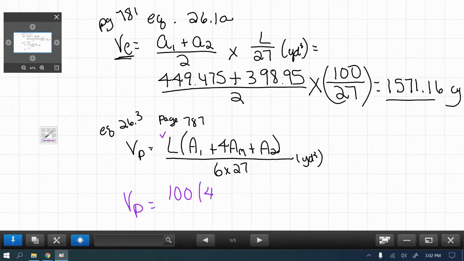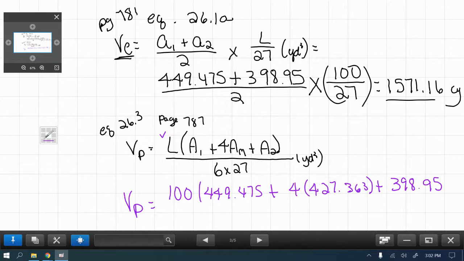Area 1, plus 4 times area in the middle, plus area 2, all over 6 times 27.